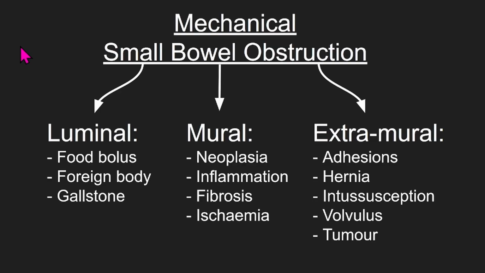And personally, I find that easier. And this is the traditional way that the causes of small bowel obstruction are taught within surgery. So luminal, mural, and extramural causes. This list is probably not exhaustive, but it's a very, very reasonable list to start with. And it is a list that will probably help you with exams.